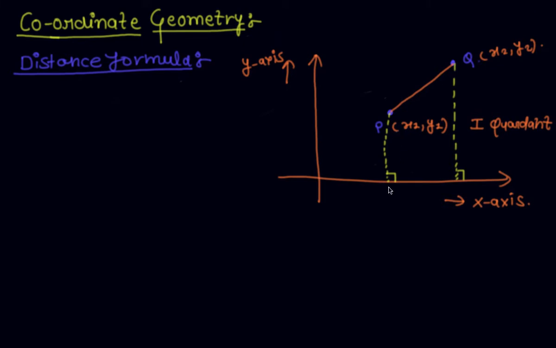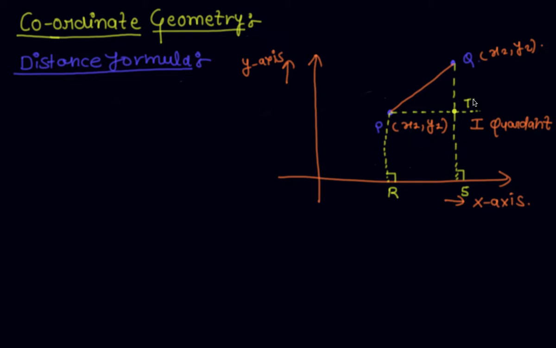So the perpendicular from P on x-axis meet at the point R, and perpendicular from the point Q on x-axis is to S. And one more perpendicular is drawn from P point on QS, and this intersection point is called T.